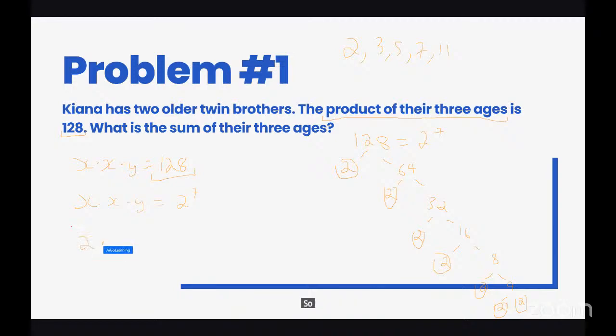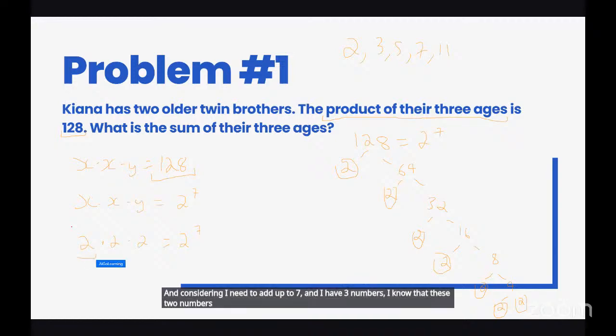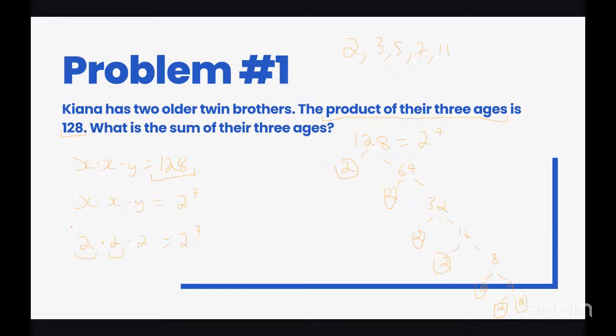So 2 times 2 times 2 equals 2 to the 7. And considering I need to add up to 7 and I have 3 numbers, I know that these two numbers have to be the same. So a set of numbers that would work in this case would be 3, 3, and 1.